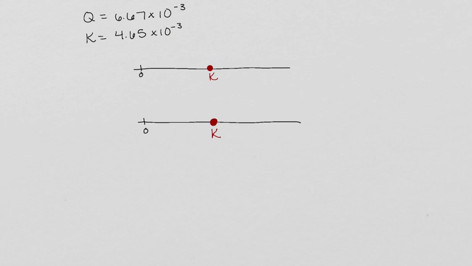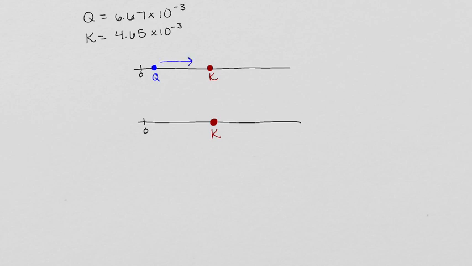Let's take a look at what happens if Q is smaller than K. So here's our Q value. Remember the idea is that at equilibrium, Q is equal to K. So the reaction is going to move in the direction to make Q and K equal, because that's what's driving this. The reaction proceeds until the reactants and products are in the correct ratio. So Q is going to move in the direction of K, so we are going to go like this.